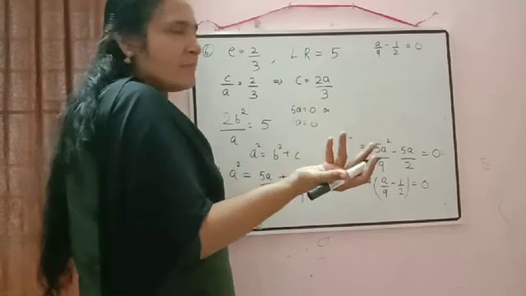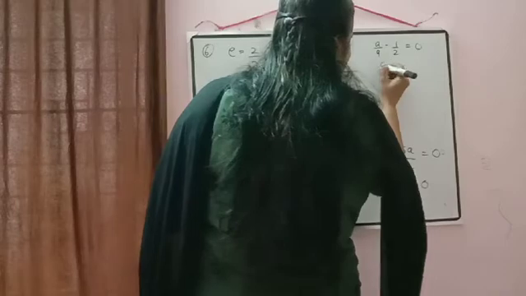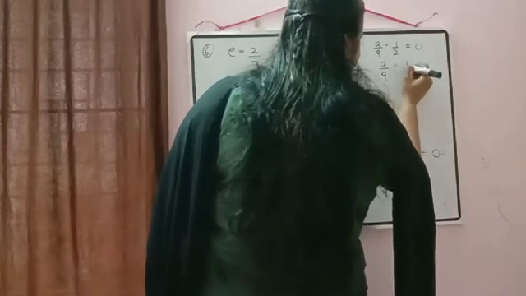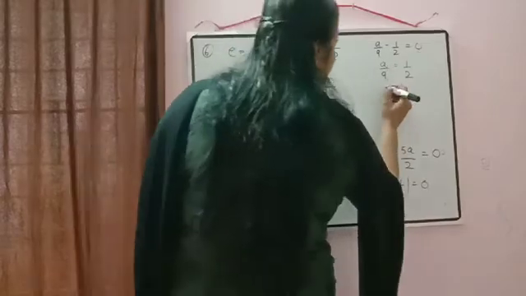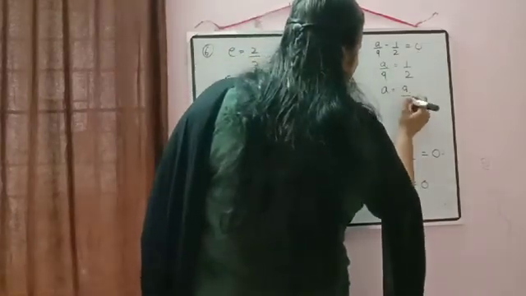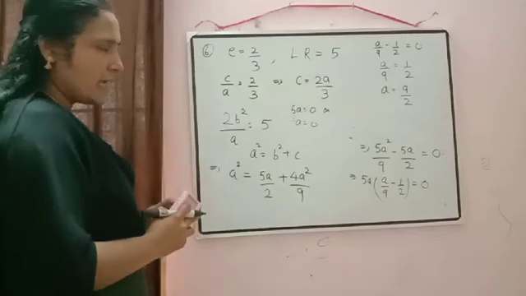Then we will not get any vertices there. So what is the condition left? This will be equal to 0. So a by 9 is equal to 1 by 2. 9 we can shift there. So we will get a is equal to 9 by 2. So we got the value of a.